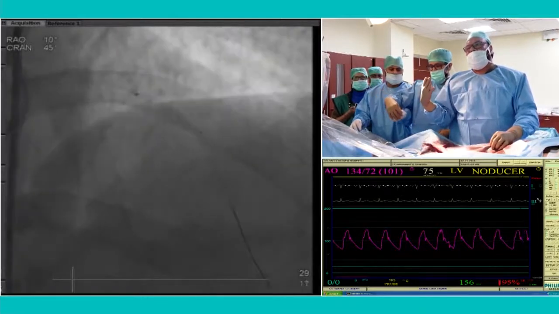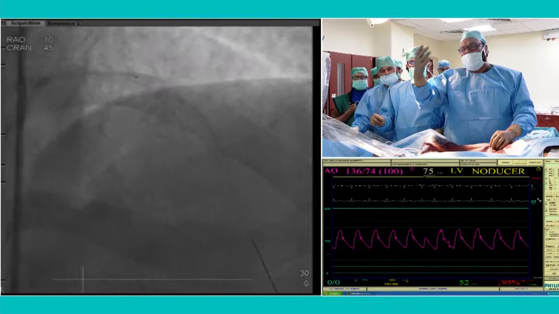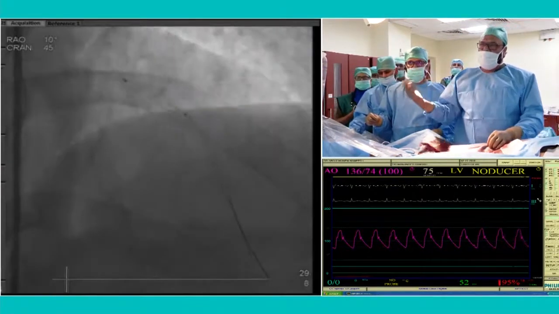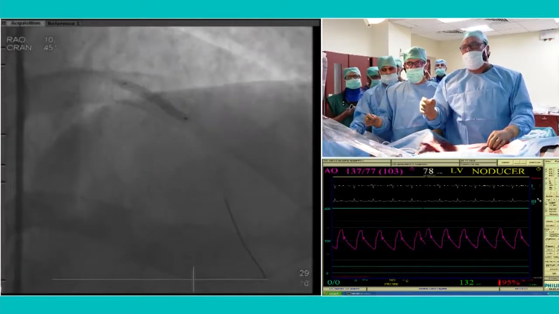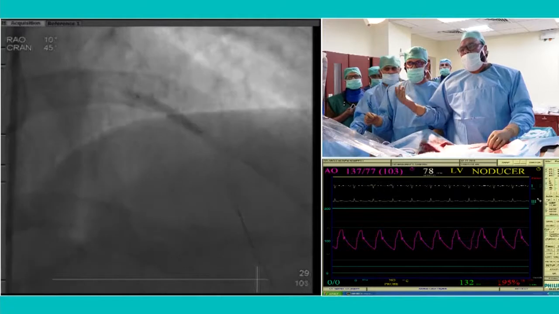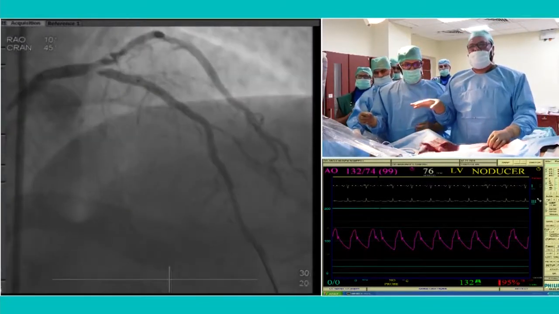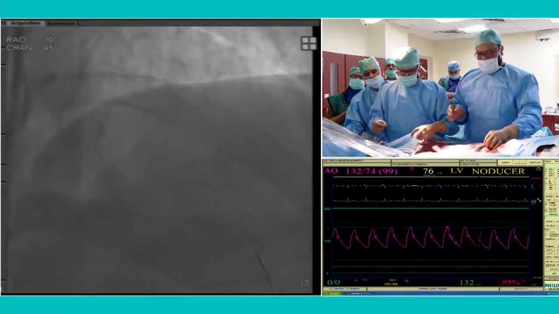We have deployed the proximal stent at 18 atmospheres, because as we said, the vessel size is nearing 4 millimeters in the proximal LAD. So we have deployed the 3.5 stent at 18 atmospheres. And now we are deploying the left main stent, which is a 4 by 18 millimeter stent, Zions Expedition.